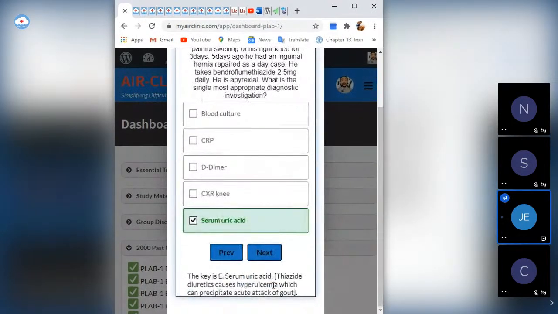Diuretic causes hyperuricemia, which can precipitate an acute attack of gout. Let me clap for you. You did well.